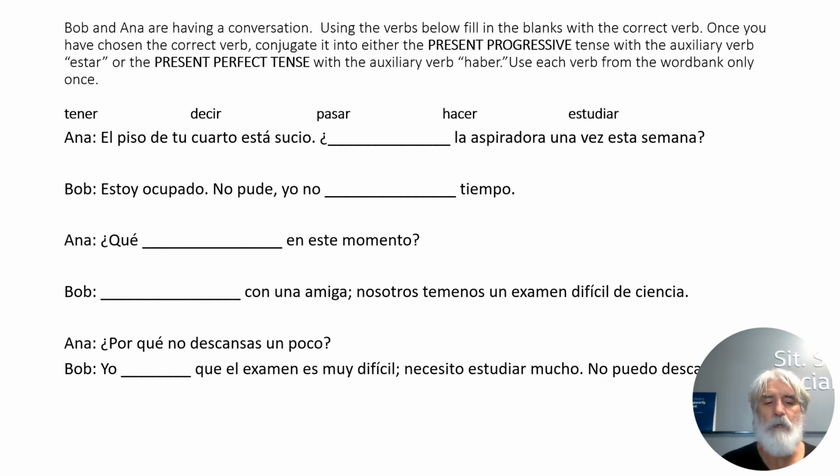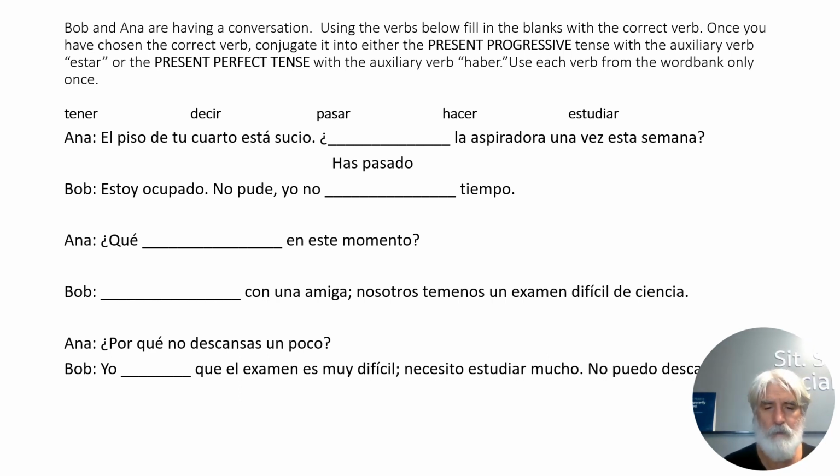Well, first of all, Anna is talking to a friend, okay? So they're going to use the tú form, right? So you have to conjugate the verb haber, okay? Have you? So we have "has" and then the past participle. Okay, we have to use the past participle. So let's take a look. Has pasado la aspiradora una vez esta semana?